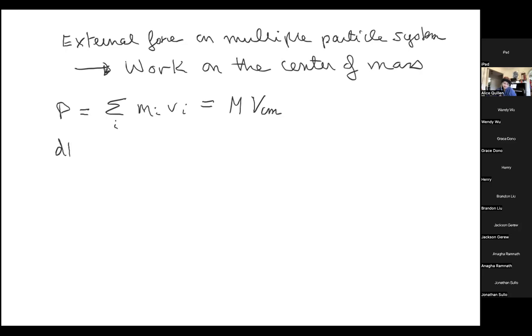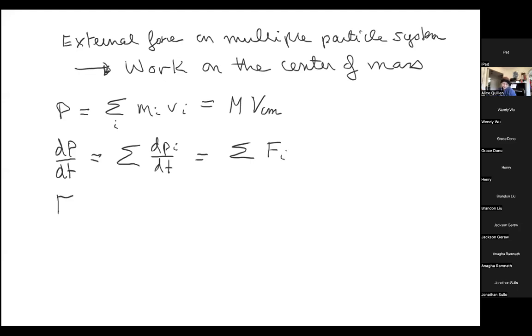So the change in the total momentum is equivalent to the sum of the changes of the individual momenta, which is also equivalent to the sum of the forces on each particle.